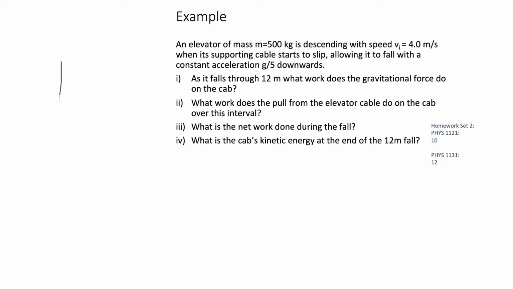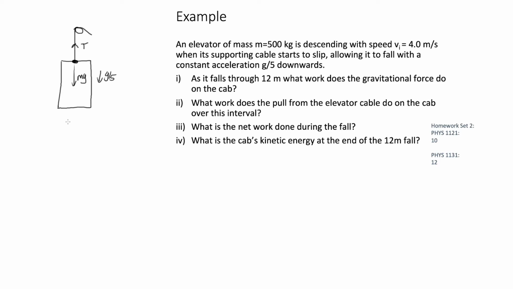So let's draw a little diagram over here. Here's our elevator. It's supported by some cable here. There's a tension force pulling it up, and we've got the weight force pulling it down. The net acceleration is g/5 downwards.